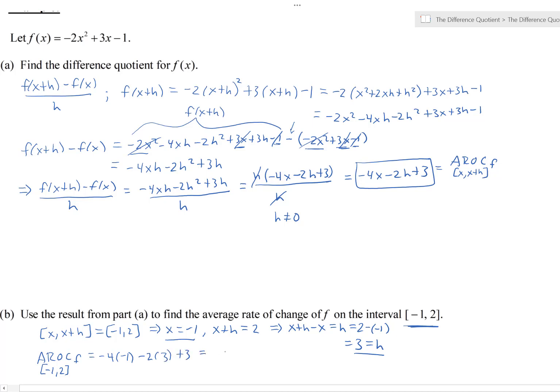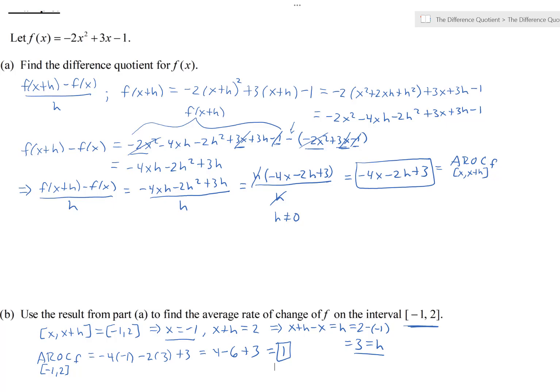Negative 4 times negative 1 is a 4. And then minus a 6. And then plus a 3. And you compute all that, you get 1. So the average rate of change of this function over that interval is 1 unit vertically per 1 unit horizontally. And there you go. There's an example of computing this.